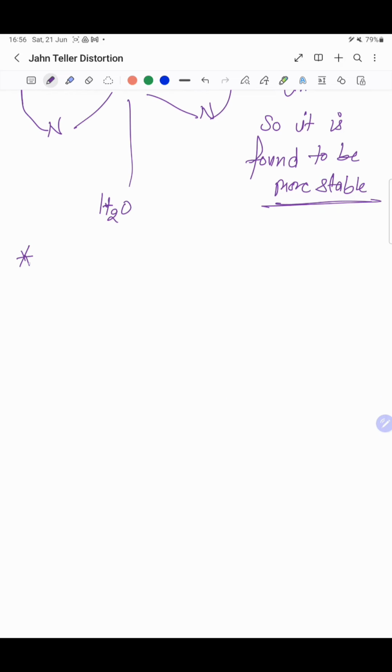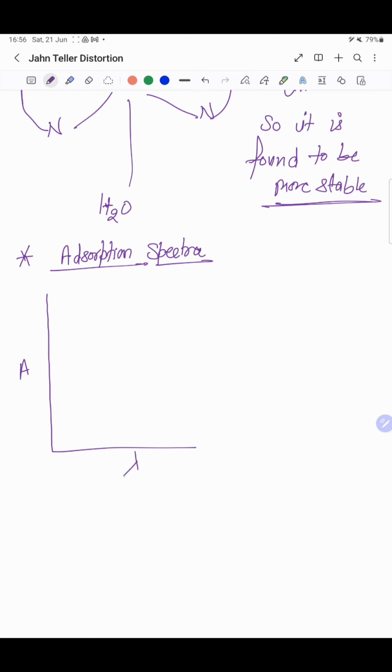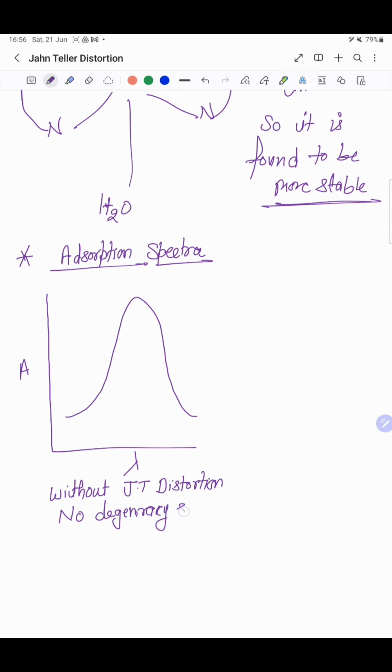The next one is the absorption spectra. When we compare the absorption spectra of two compounds, one having no Jahn-Teller distortion and one having Jahn-Teller distortion, we earlier saw that Jahn-Teller distortion is a type of loss of degeneracy.